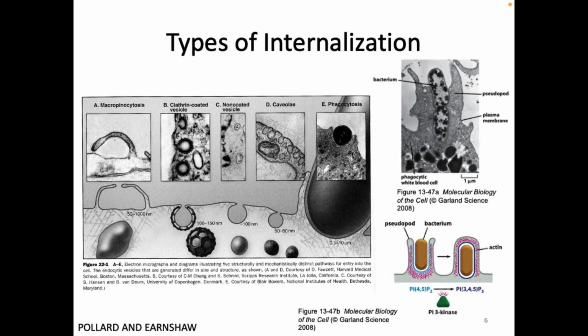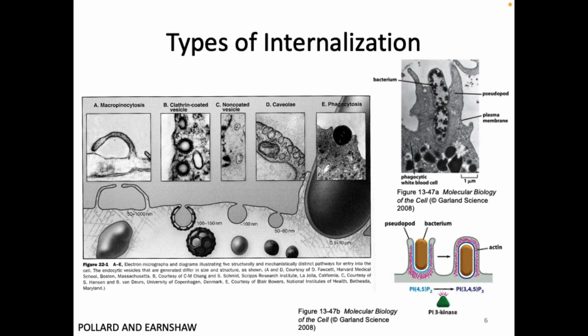You can see some of them compared in this image on the left. What I want you to notice is that with phagocytosis, we're pulling in way bigger stuff than we were with any of the other types of internalization.